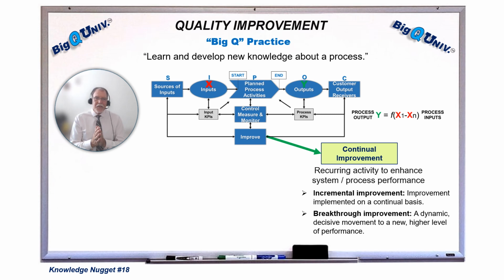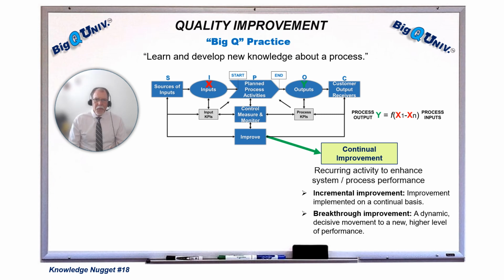Nonconformity corrective action is a reactionary response to an undesirable outcome of a process that is typically not effective, not in control, or stabilized. Continual improvement is a planned activity on processes that do demonstrate that they are effective, they are in control, and they are stabilized, but they require an improvement in output performance.